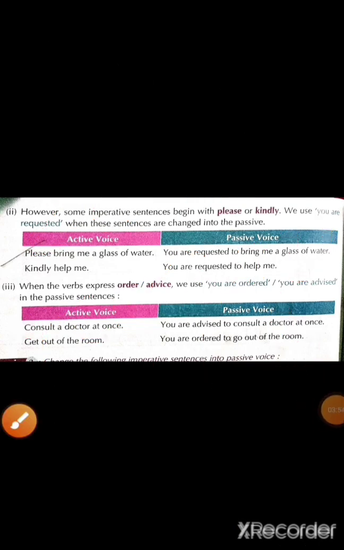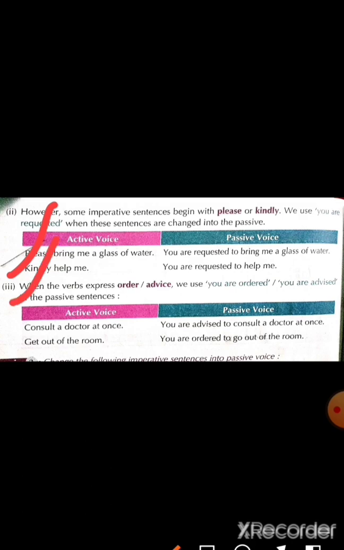Okay, so now you know how to do it. If you see there is a request, you will write you are requested to, then the infinitive. Please bring me a glass of water. You are requested to bring me a glass of water. We need to add to also. Then, kindly help me. You are requested to help me. So we will do like this.